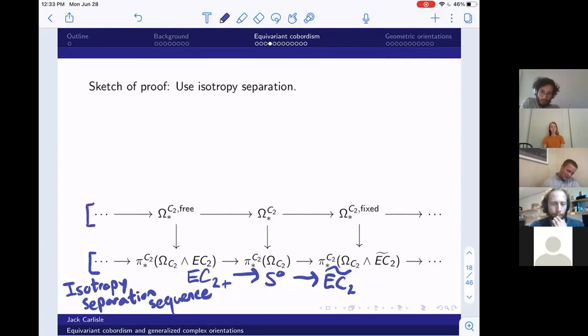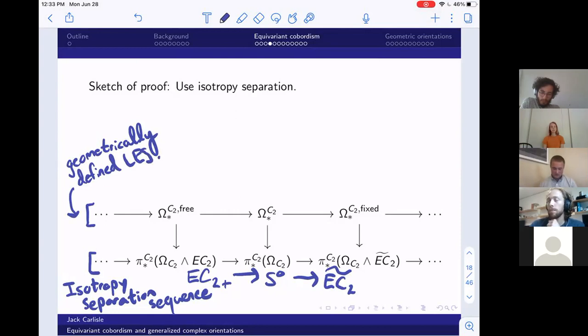And then the really interesting part is that we can also define a long exact sequence in these cobordism groups of manifolds geometrically. So this is a geometrically defined long exact sequence. Let me tell you what the terms are. This guy we already know.